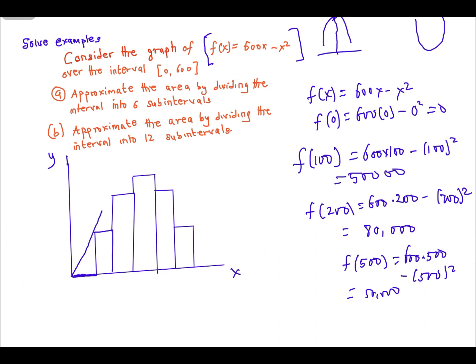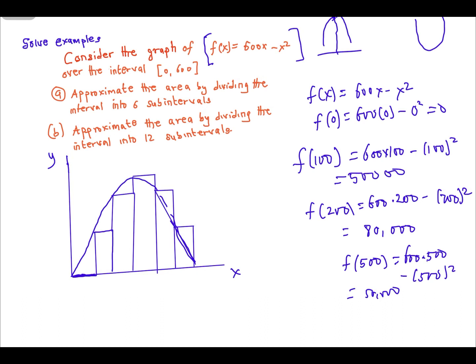So now we can say that our graph is this one. Sorry for this one being a straight line. It's not supposed to be a straight line. Instead, it's supposed to pass here. So this is how our graph would be like.